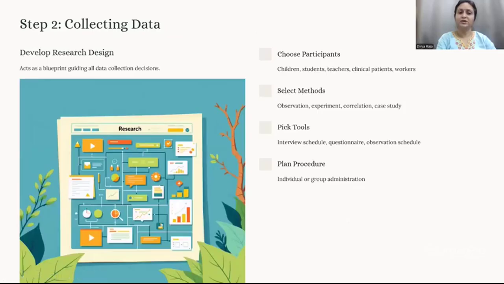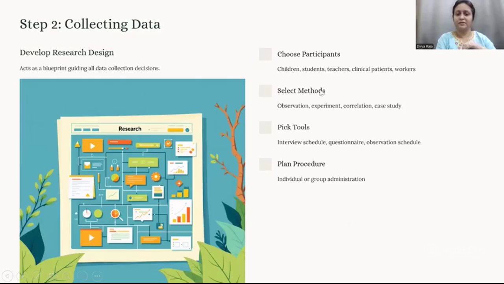The second step is to collect data. So I have to develop a research design. My research design will be a blueprint which will guide me in data collection decisions. So what are the steps involved here? First, I have to choose my participants. If I have to quote the same example of studying the relationship between watching too much violence on TV and aggression in children, then my participants will be children, school children, and a particular age group.